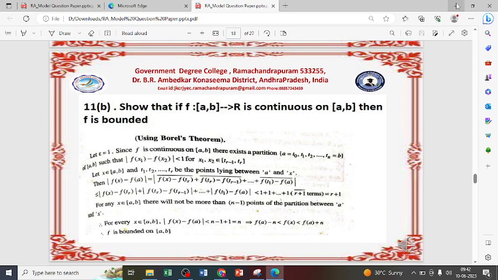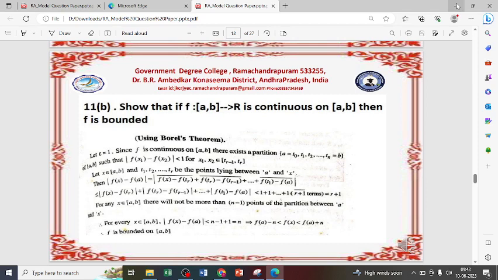So consider two-point differences as shown here: f(x) minus f(tr), f(tr) minus f(t(r-1)), and so on. The last difference will be f(t1) minus f(a).